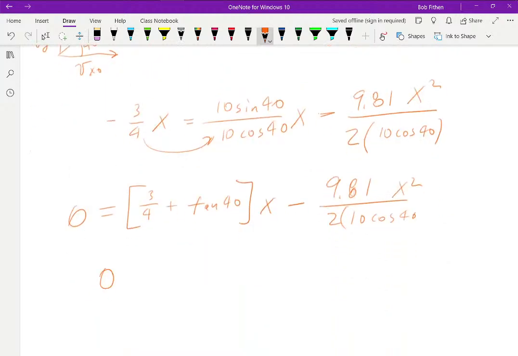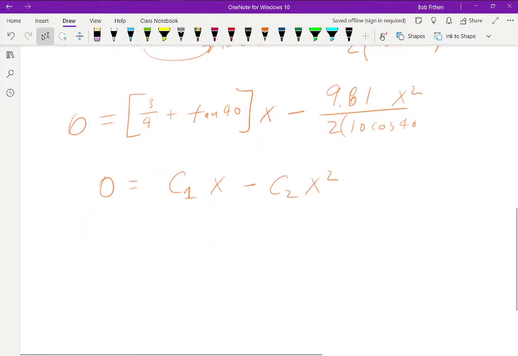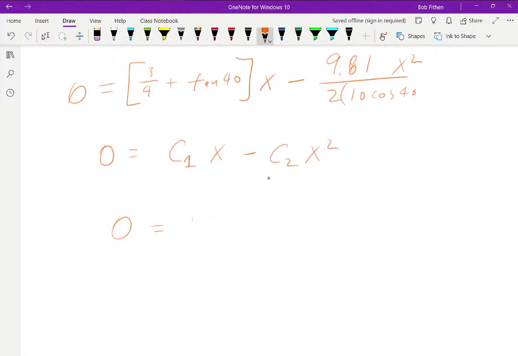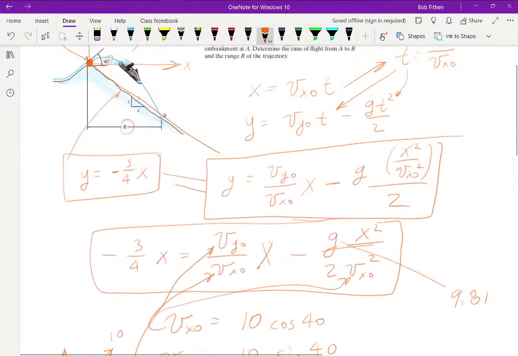So now all I have is 0 is equal to one constant x minus another constant x squared. So with that, I can take out one of the x's. And one of the solutions should be x equal to 0.